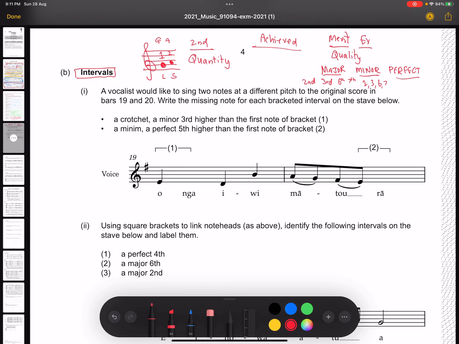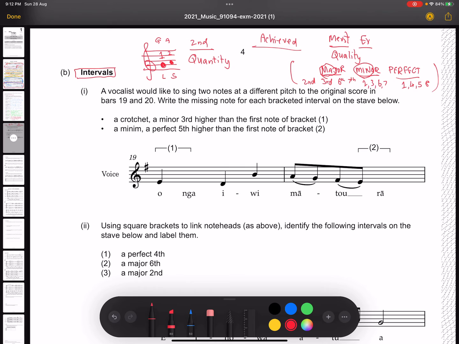So you can see that second, third, sixth, and seventh are interchangeable between a major interval and a minor interval. For perfect, these are either unison, or 1, fourth, fifth, and octave. We will talk about this a little bit later.